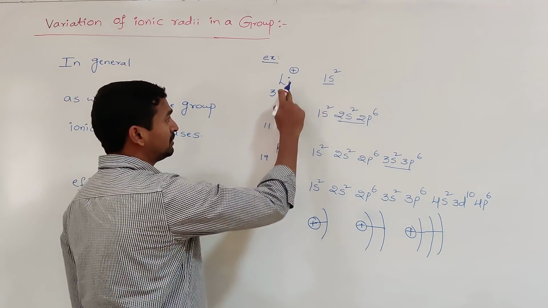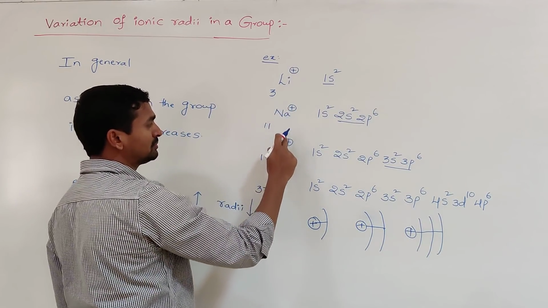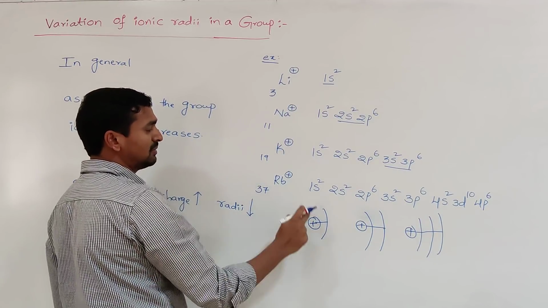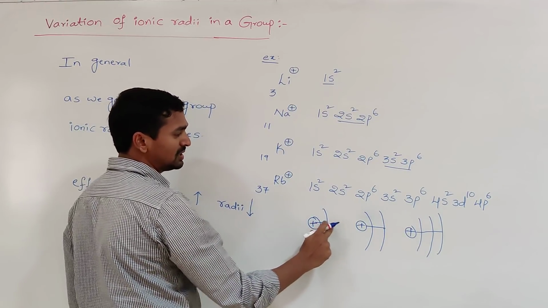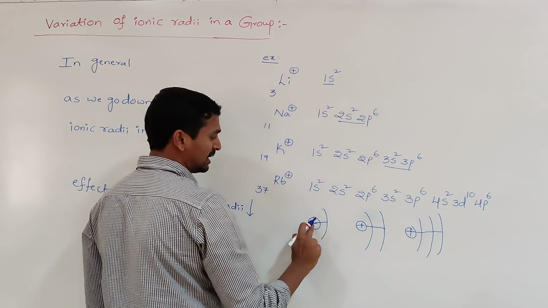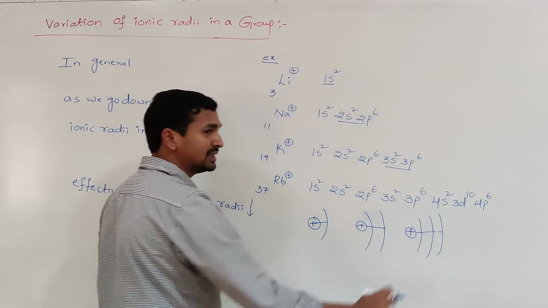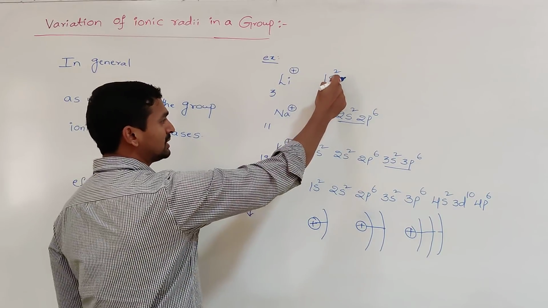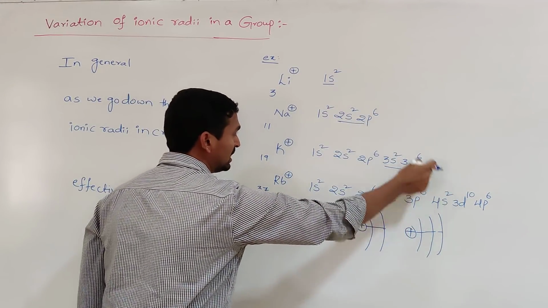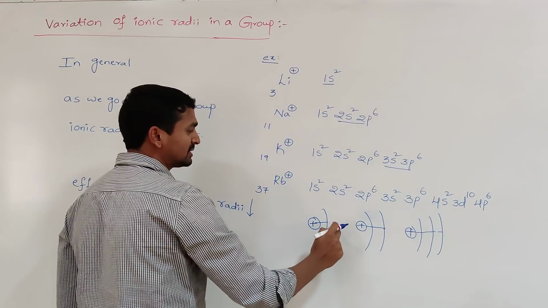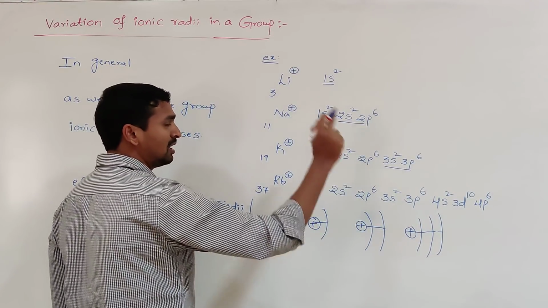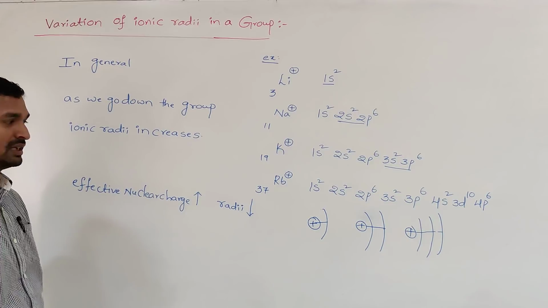So from the positive ions of lithium to sodium, sodium to potassium, the electron cloud increases, which clearly indicates that the distance from the center of the nucleus to the outermost shell increases. That means because of the addition of a new principal shell each time, the distance from the center of the nucleus to the outermost shell increases.